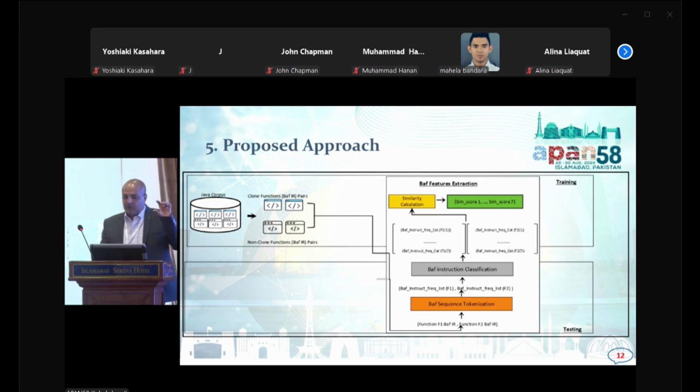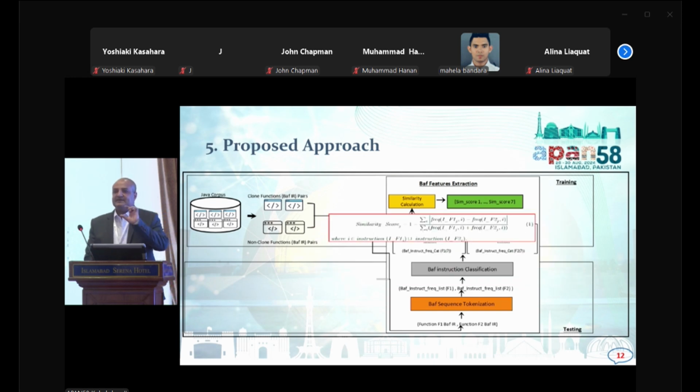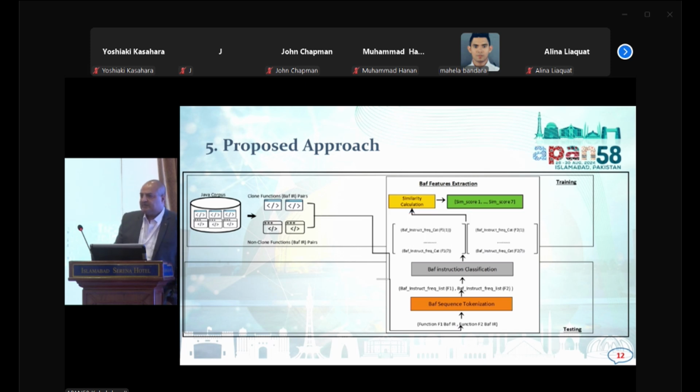After that, we calculate the similarity between these categories based on this equation. Finally, the main output from this process is a similarity vector, which includes 7 values that represent the similarity between these code categories. These similarity vectors are fed into a machine learning classifier in order to train on the similarity between code fragments.